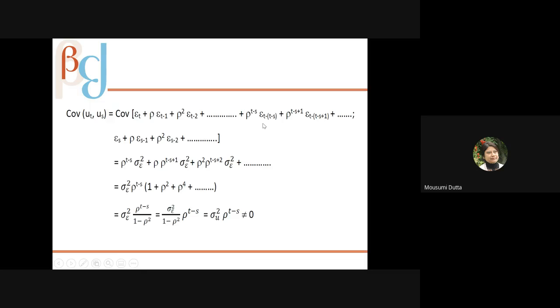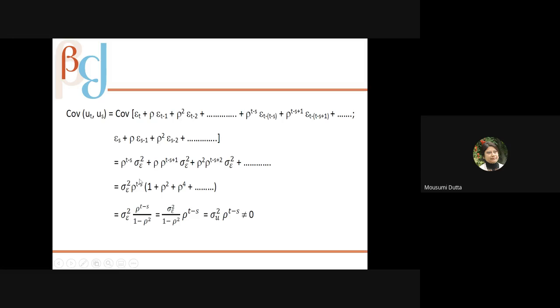Now, if you take care of these terms, if you consider the term epsilon s, and if you consider the next term, you are getting epsilon s minus 1. So while you are writing the t series and the s series, there will be several epsilon terms which are common to both the series.